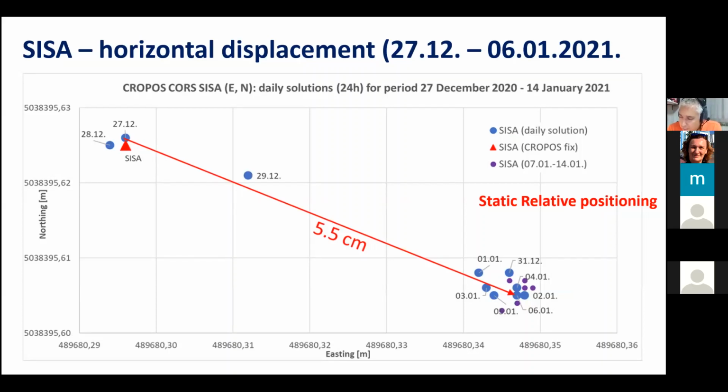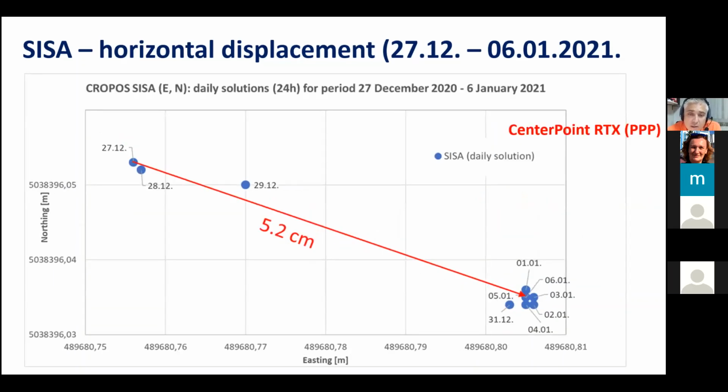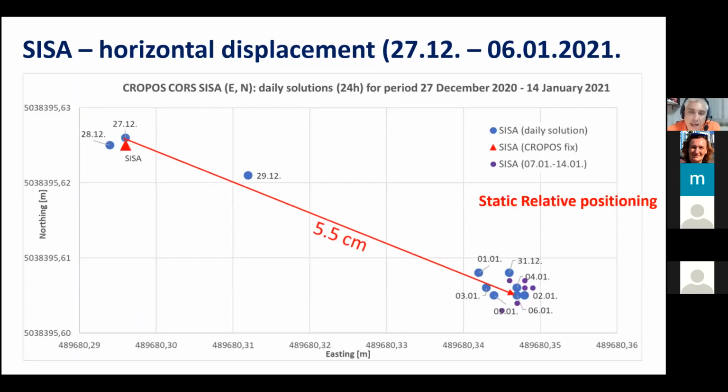So those results are obtained by quite different methods. There are a lot of differences, but the results are almost the same. And this is the proof that both methods are very reliable in assessment of horizontal displacement in this case.